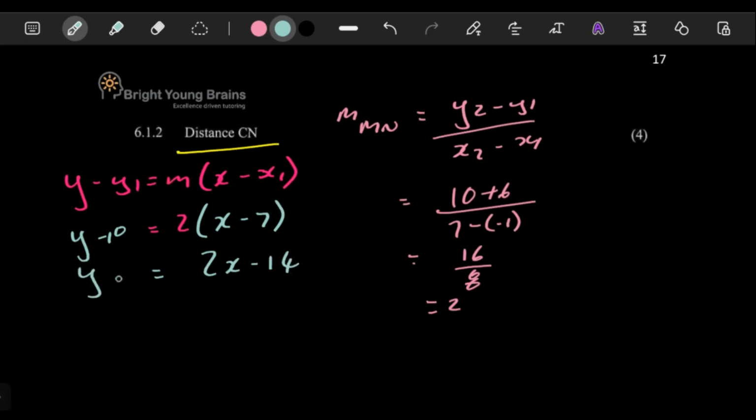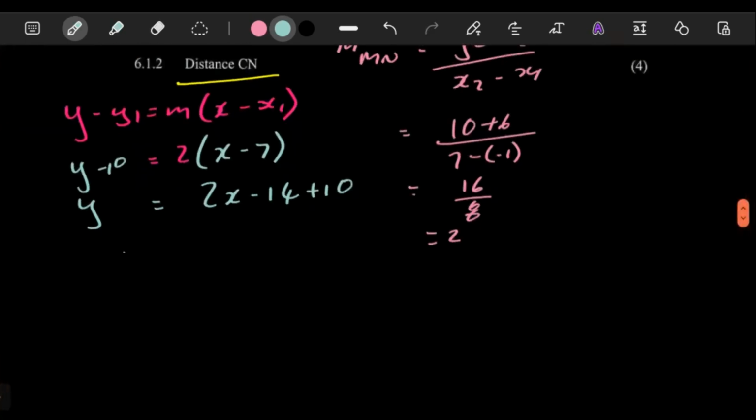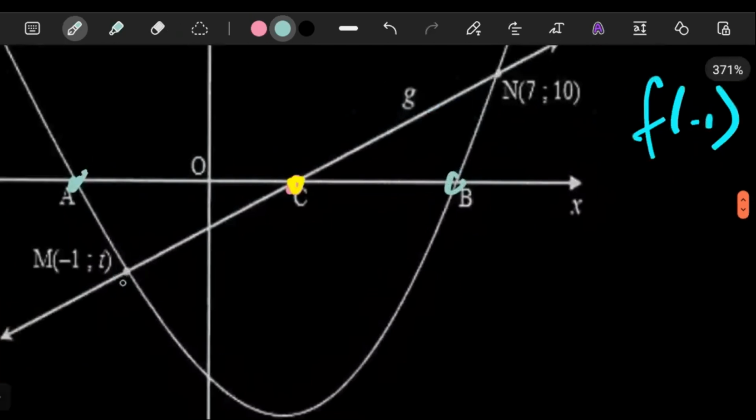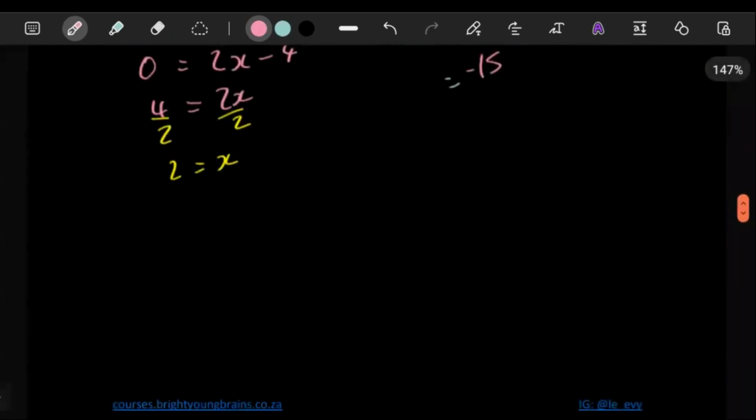The minus 10 we can take over, it becomes plus 10. So y is equal to 2x, negative 14 plus 10 is negative 4. So y equals 2x minus 4. If this here is negative 6, this being negative 4 is definitely believable.